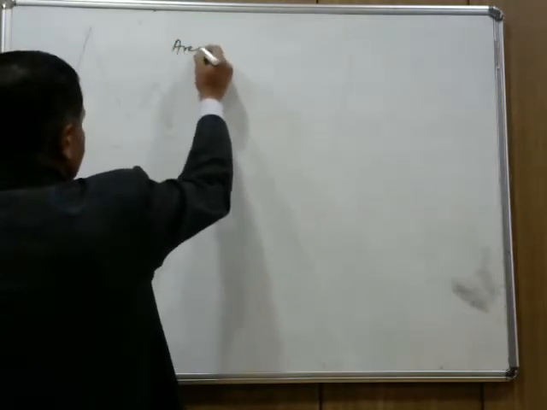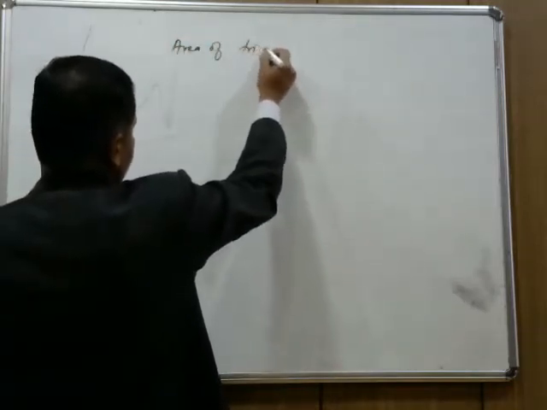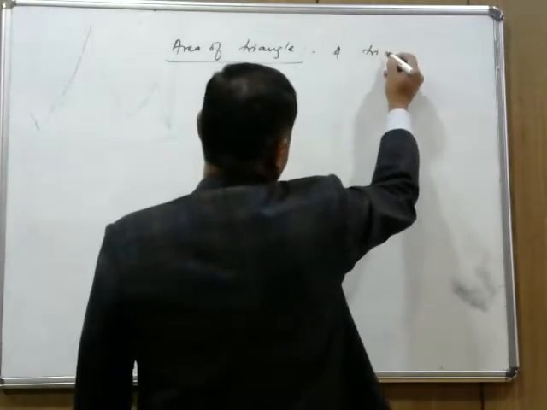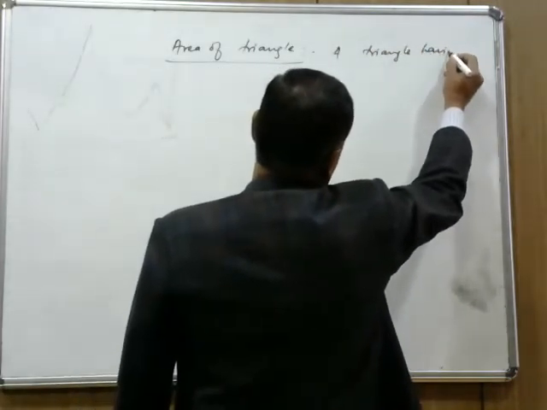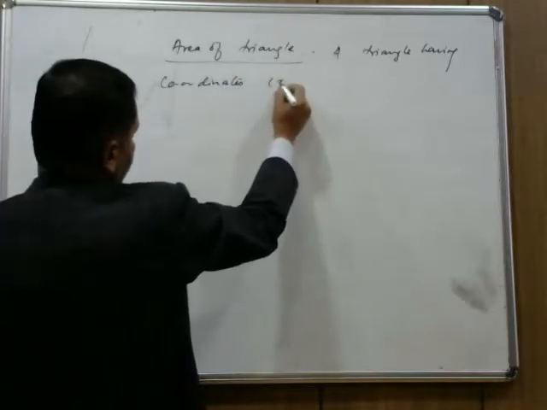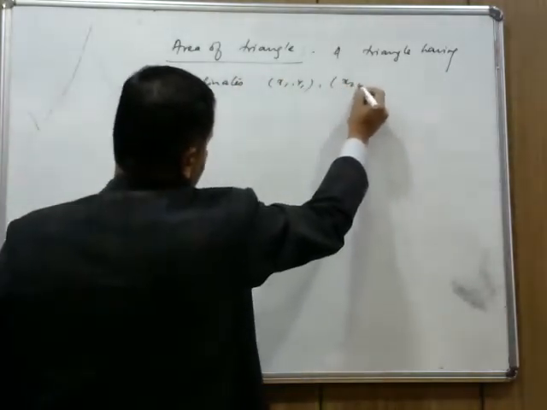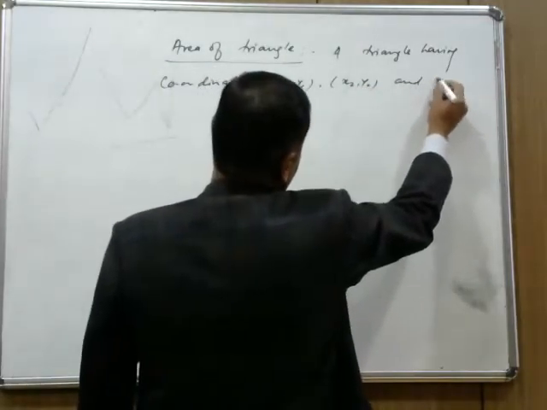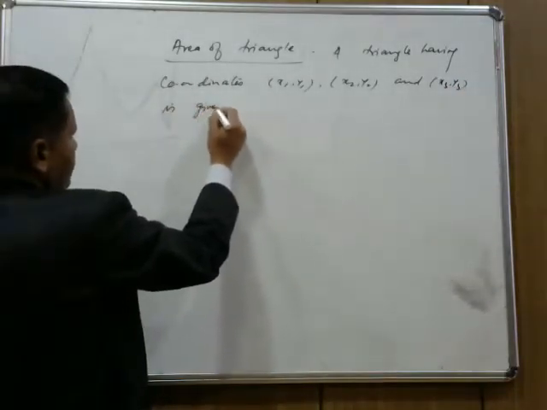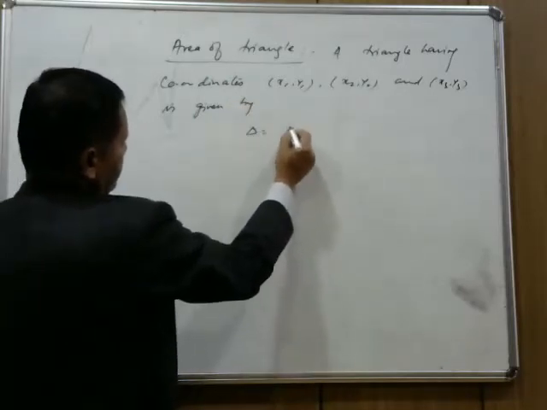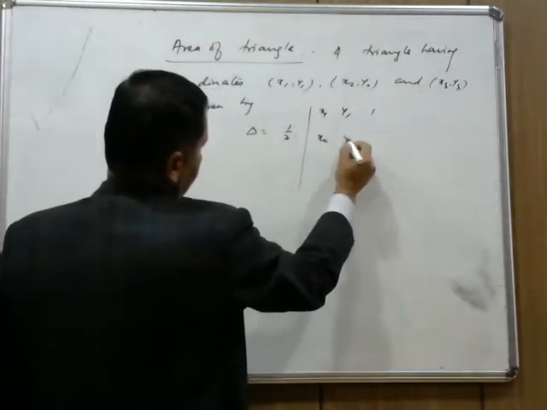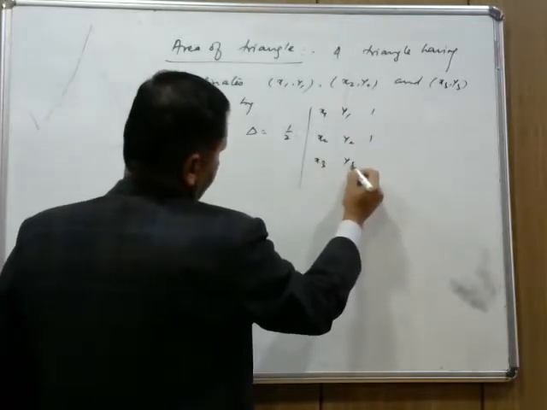Area of triangle, use of determinants. A triangle having coordinates (x1, y1), (x2, y2) and (x3, y3) is given by half times the determinant with rows x1 y1 1, x2 y2 1, x3 y3 1.